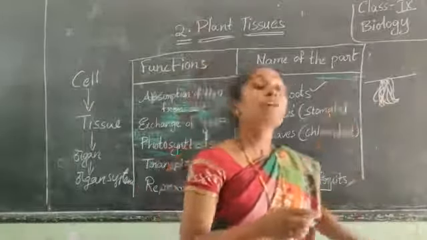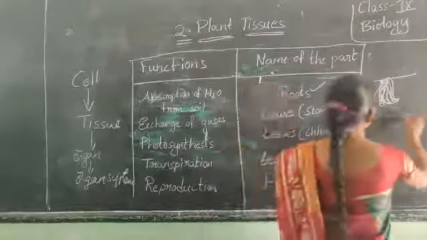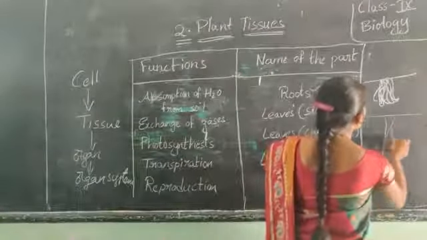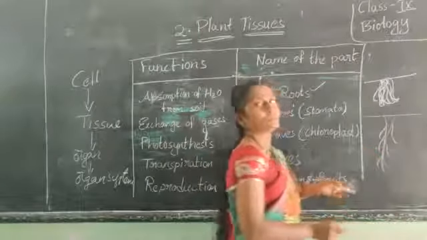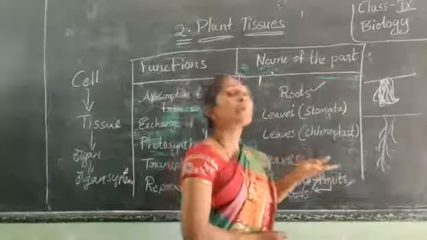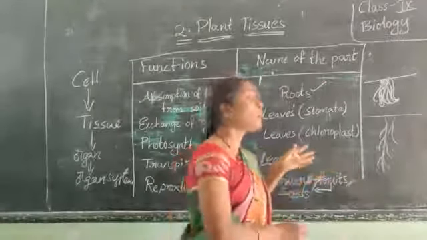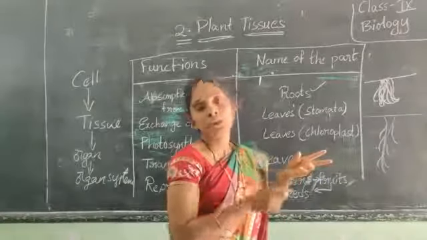Understood, children? And the one more type of root system, that is taproot system. What is the one more type of root system? Taproot system. So here what we have to see, a main root is there, mother root. To that mother root, you have to see rootlets. These rootlets will grow and they collect the water and minerals from the soil.